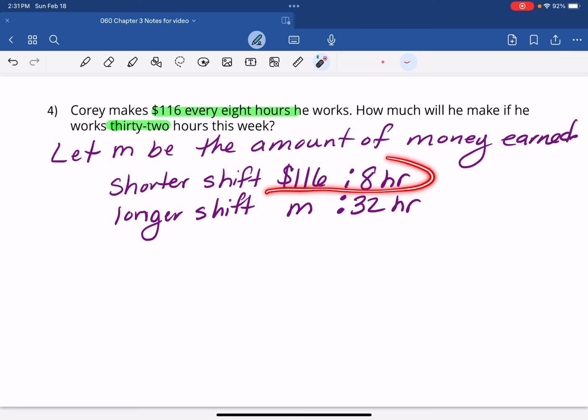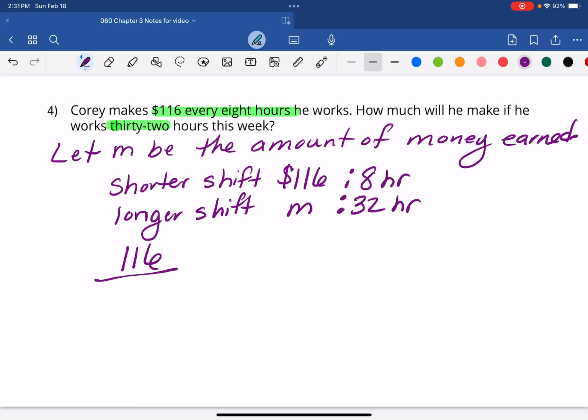And I can create my proportion using the longer shift versus the shorter shift, or money versus hours. That's up to you. As I mentioned, I like to compare items. So I'm going to do shorter shift versus longer shift.